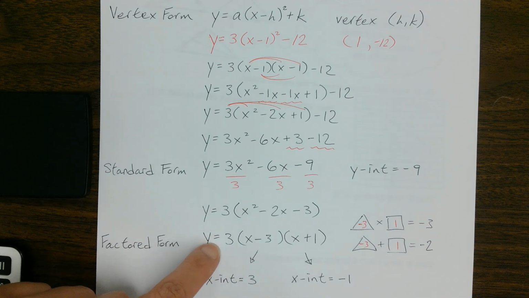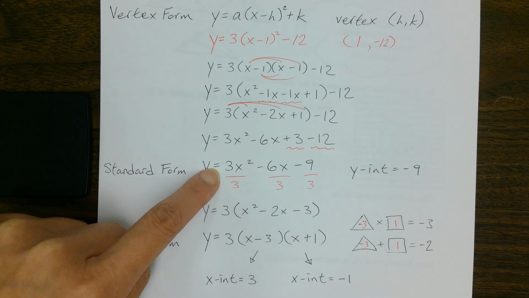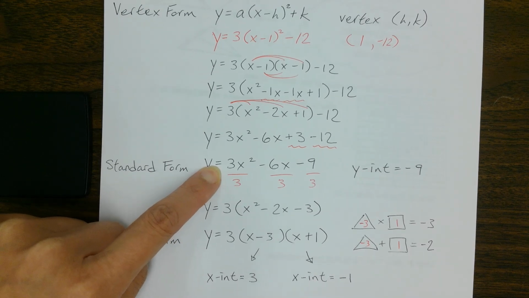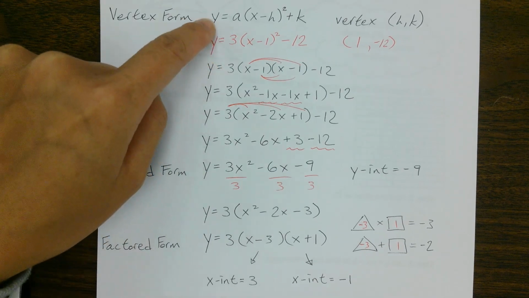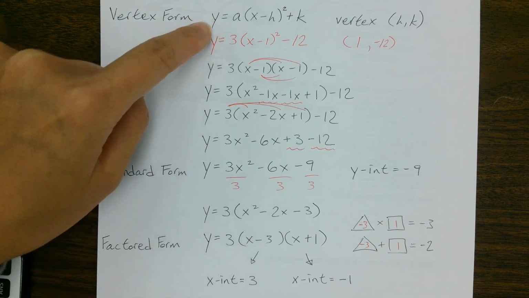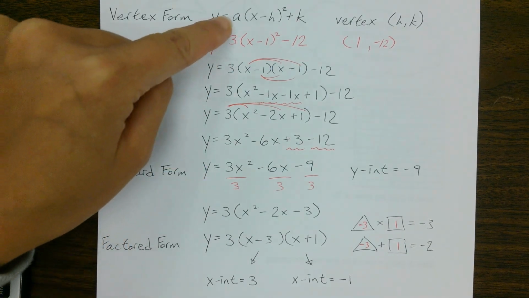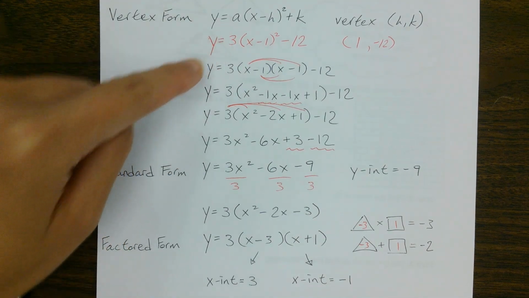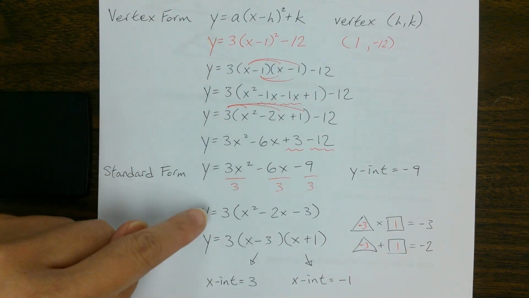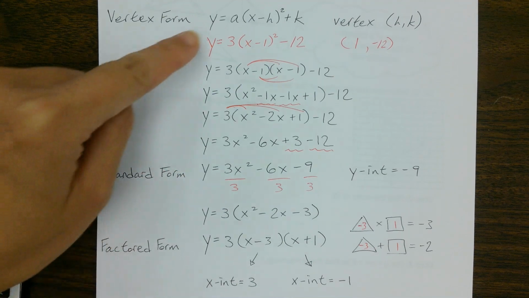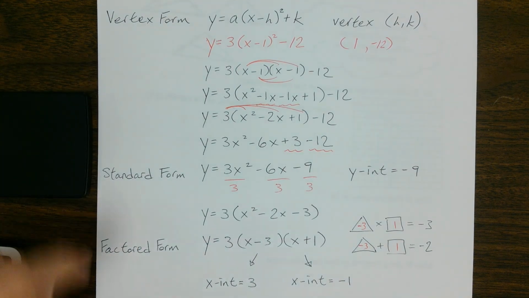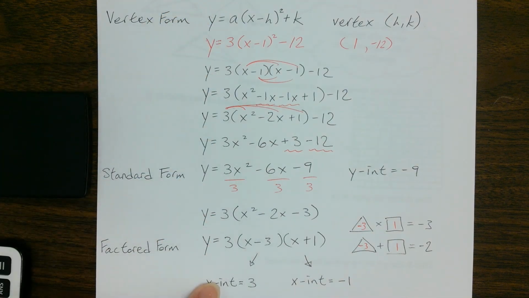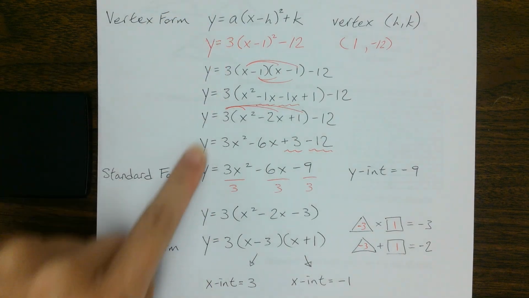I could give you factored form and ask you to put it in standard form. But the only thing I won't ask is for you to go from standard to vertex. Standard to vertex is next chapter. So this is another method we'll do next chapter, but anything we did right here is possible.